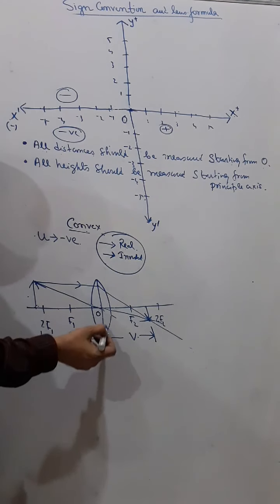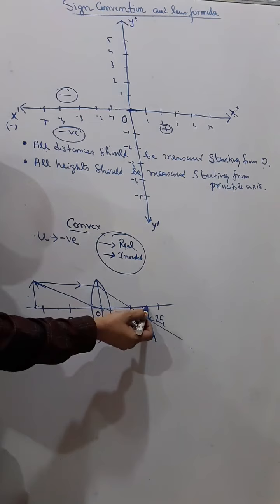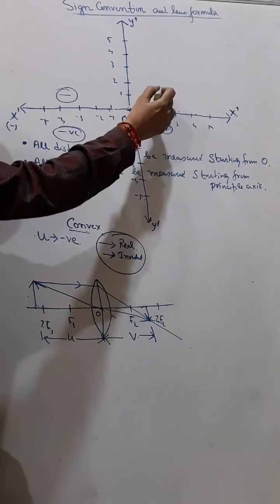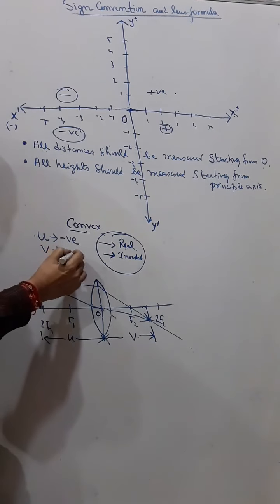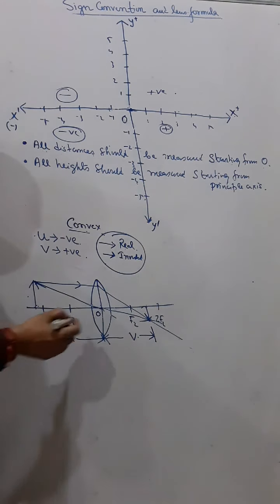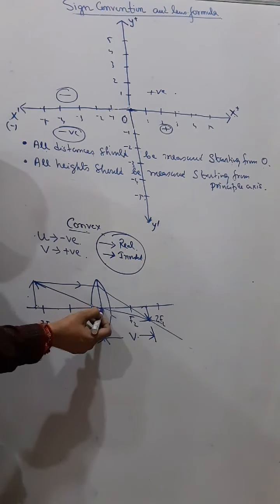Now image you can see from O we are going that side, that means we are going right side. So from O if you go to right side, that is positive. So that means V is positive. And if you say F, now F means, I told you always that generally when they say focal length, they are just talking about f2.